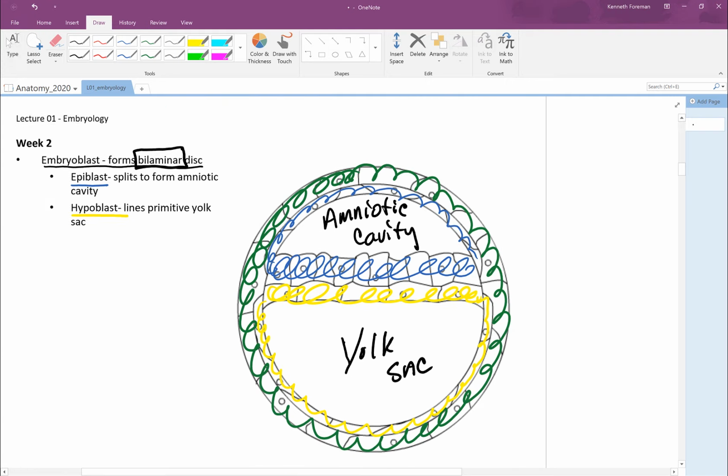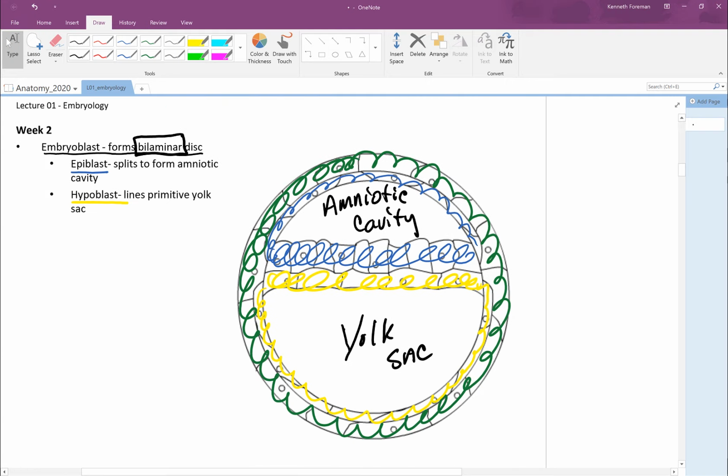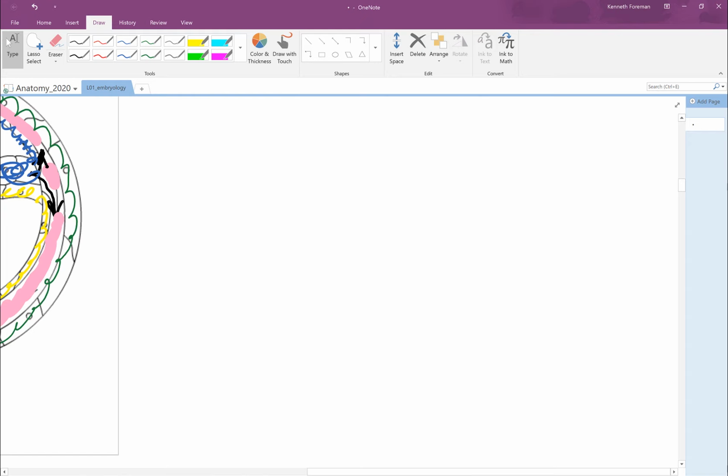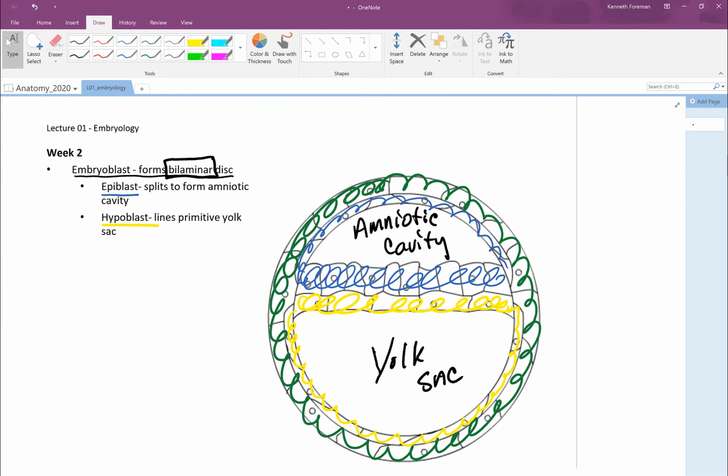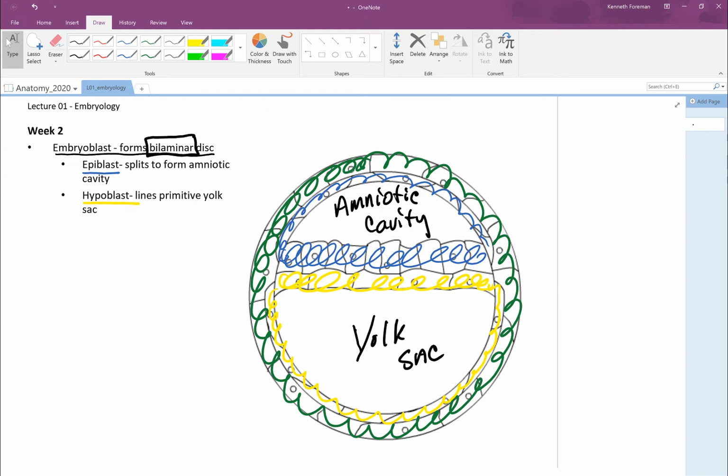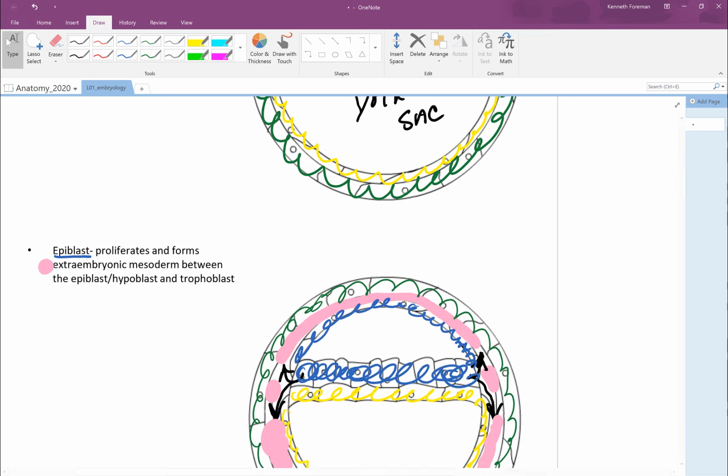The embryoblast is what actually changes. So the embryoblast is then going to form a bilaminar disc. So the embryoblast becomes what we call epiblast and a hypoblast. So embryoblast basically divides and becomes those 2 cell layers, as you see here. We have a 2-layer disc in the middle, and this 2-layer disc is referred to as the bilaminar disc.